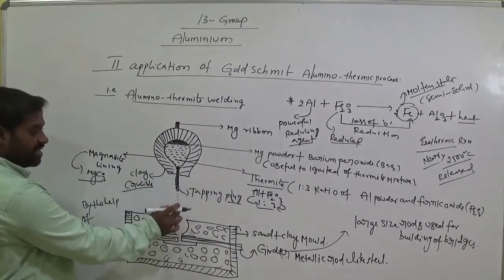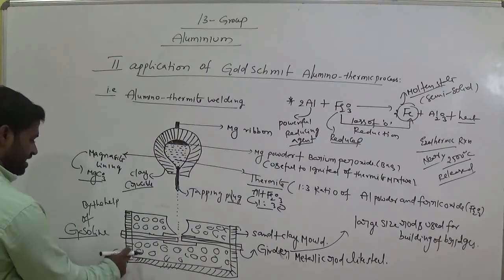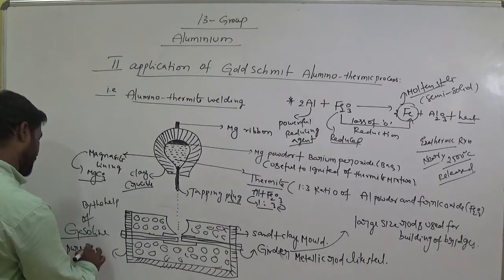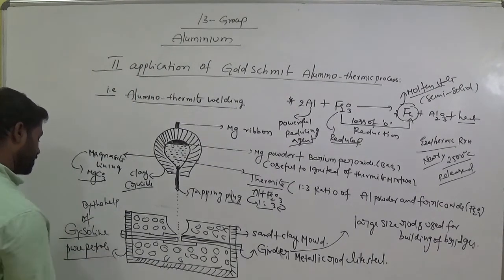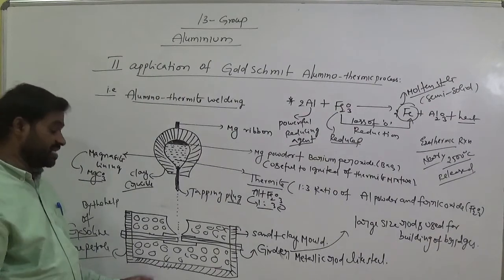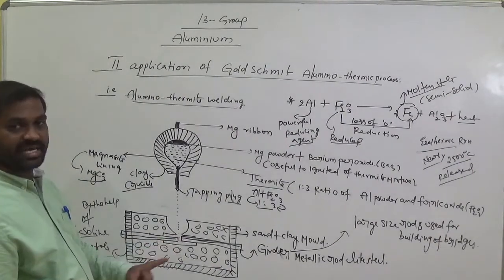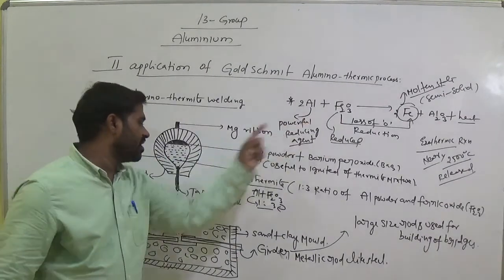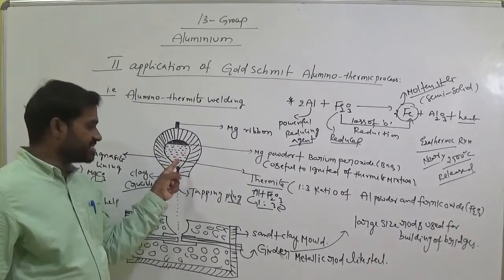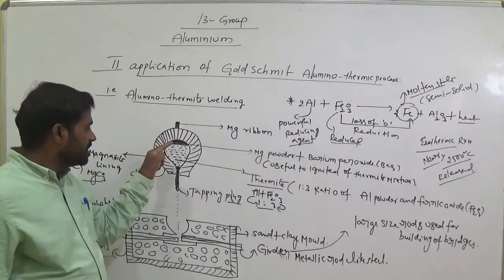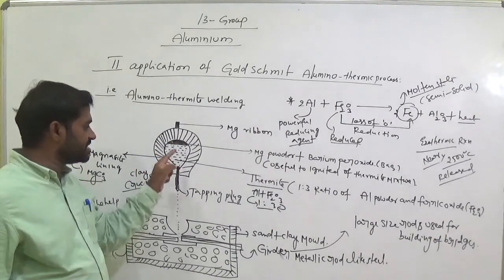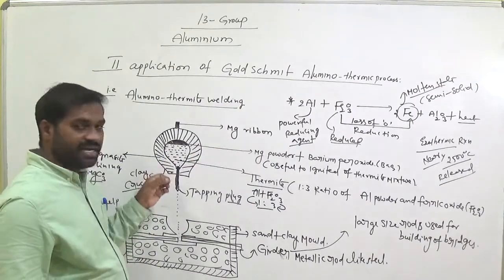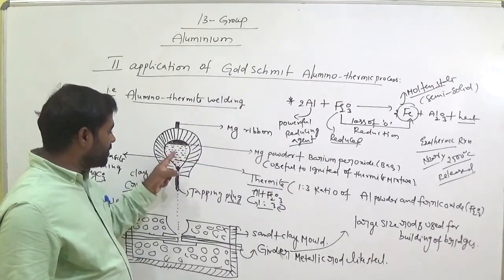There is a hole here. This is gasoline, pure petrol. It produces high temperature in the chamber. Now, what takes place here? Initially we are taking aluminium and ferric oxide. This mixture is called thermite. Above it there is magnesium powder and barium peroxide, which is useful to burn this thermite mixture.